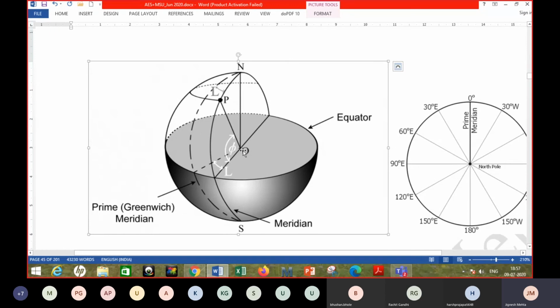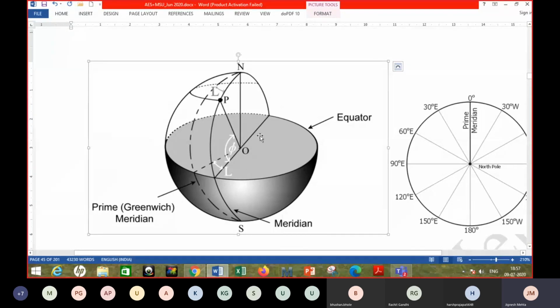If you draw the projection of that on the equatorial plane, you get this line, right? So the angle between the projection of the prime meridian and the meridian passing through your place is called the longitude, right? If you are on the east side of the prime meridian, it will be assigned east, and if you are on the west side, it will be assigned west, right? 180 degrees on either side.